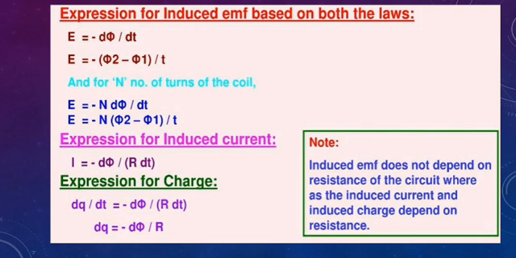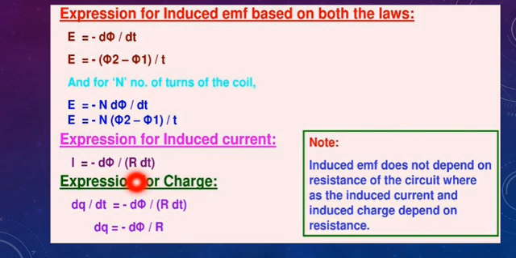So then the induced current, what is the current? I is equal to minus d phi by R dt, where R is the resistance. Therefore, the induced current is d phi divided by R into dt. For charge, what is charge?